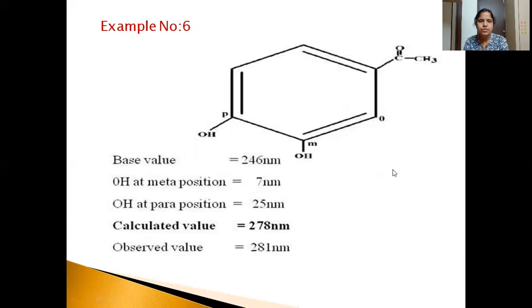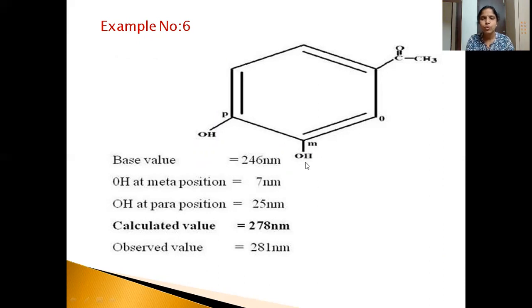Now this system, if you look at this, here you can see the aromatic group where it is having a keto group which is attached. So what is the base value for such an aromatic ring which is having a keto group? The base value is 246 nanometers. Now you have to check for other substituents which are present on the ring. What are the substituents? It is OH group, hydroxy groups.